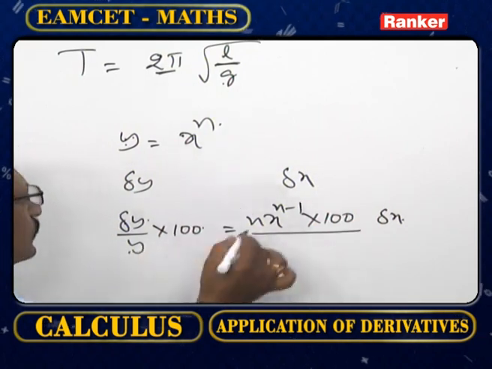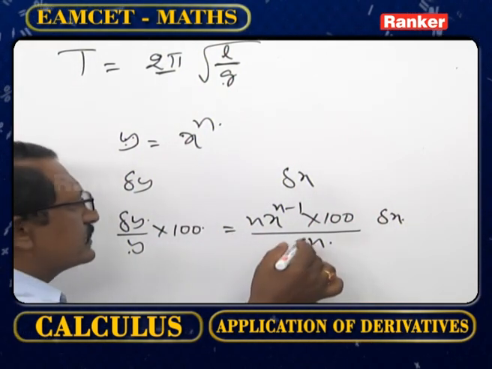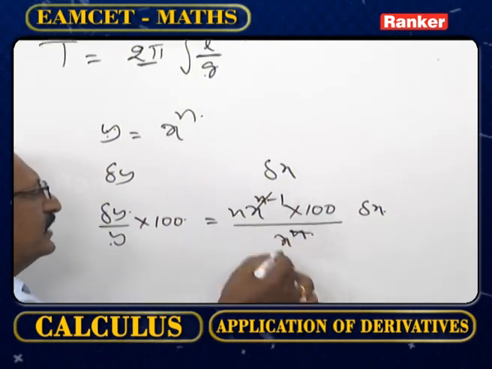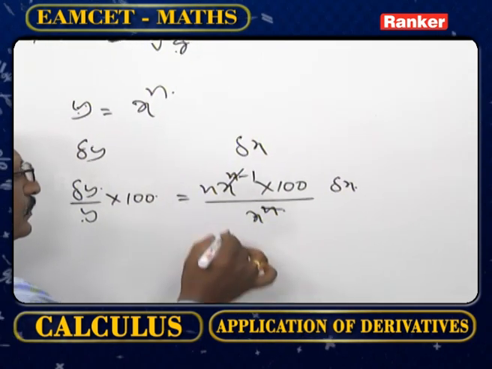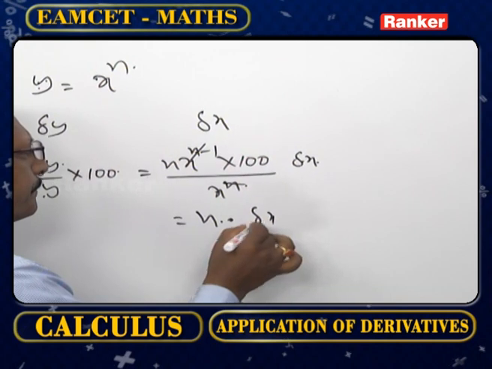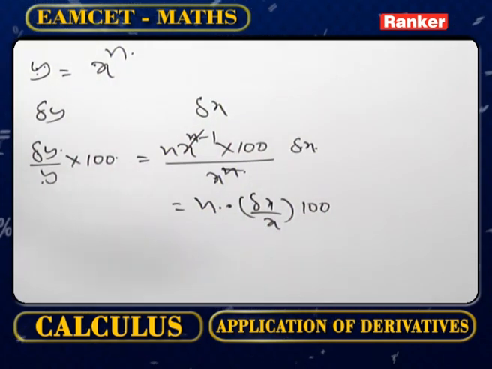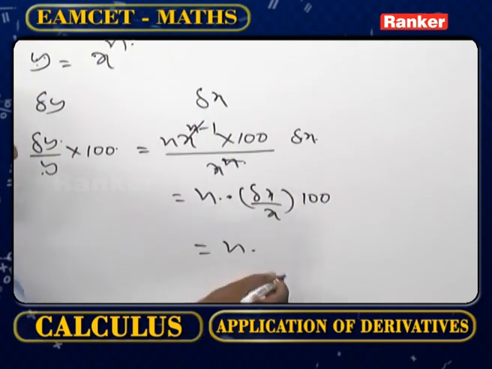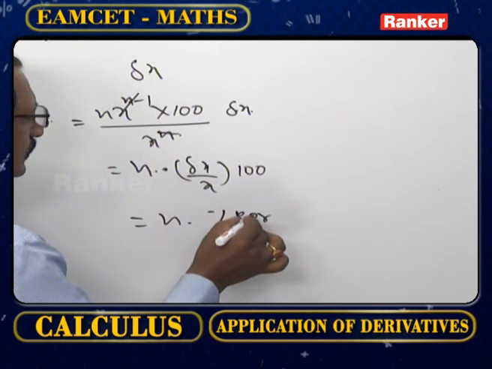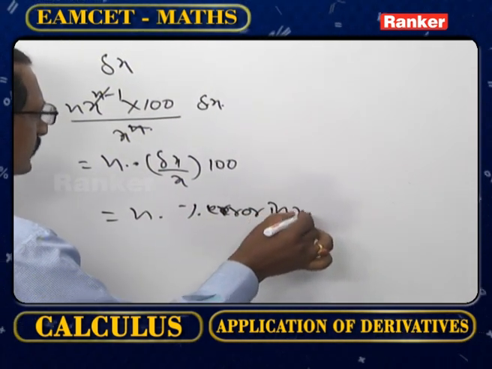Dividing by y equals x power n, the x power n minus 1 cancels, and in the denominator we get x. Now that equals n into delta x by x into 100, which equals n into the percentage error in x.